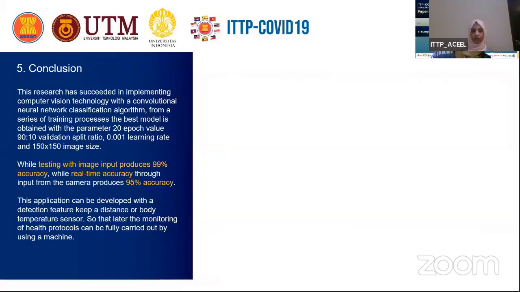The testing with image input produced 99% accuracy, while real-time testing with camera input produced 95% accuracy. This application can be developed with a feature to detect keeping a distance or a body temperature sensor, so that later the monitoring of health protocols can be fully carried out by a machine.